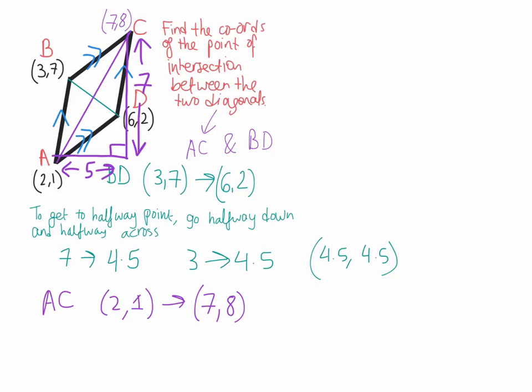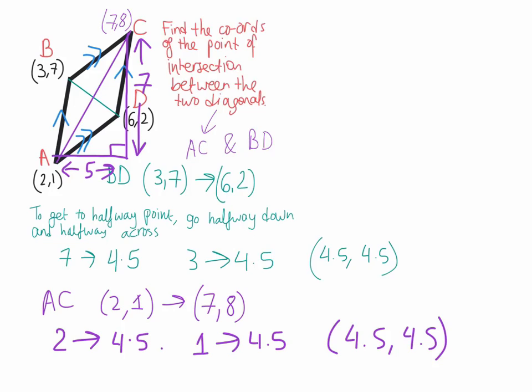So moving across from 2 to 7, a distance of 5, but we're going only halfway, so we're going to just add 2.5 to 2. So that goes to 4.5. And then for going up, that's a distance from 1 to 8, which is a distance of 7, only going halfway, so we only add 3.5 to 1. And what do you know? We get 4.5 again, which means the halfway point of the diagonal AC is located at the coordinates 4.5, 4.5.